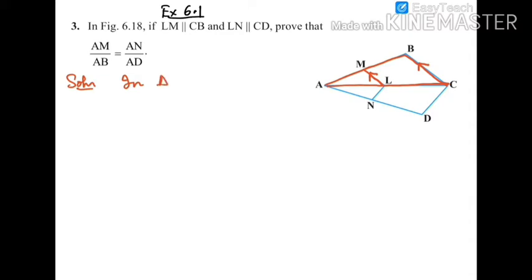So in triangle ABC, ML is parallel to BC. So using basic proportionality theorem, we can say that the sides AB and AC are divided in equal ratio. So AM upon MB is equal to AL upon LC.